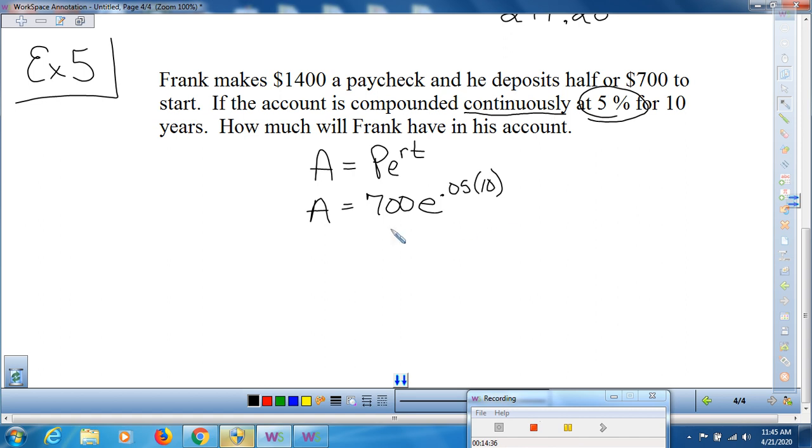Now, if we type this into our calculator, we find out that he will have $1,154.10 after his 10 years. So that money has grown quite a bit over those 10 years.